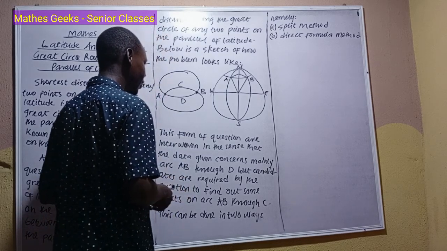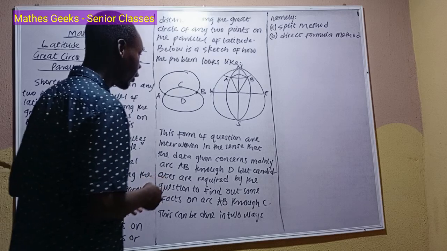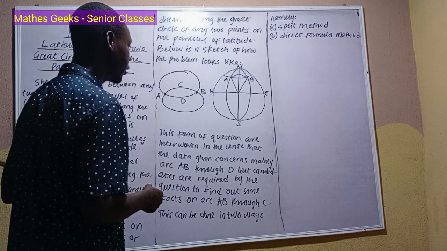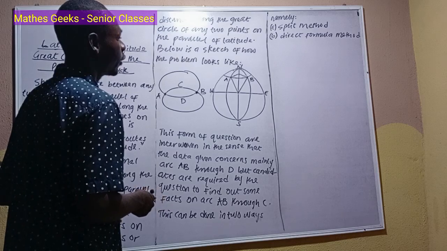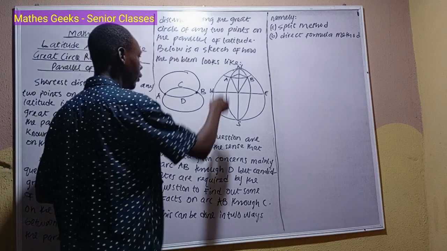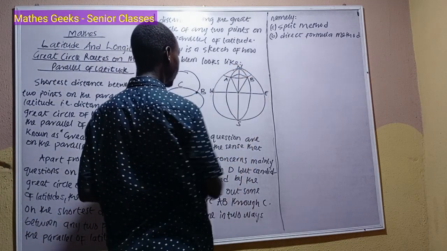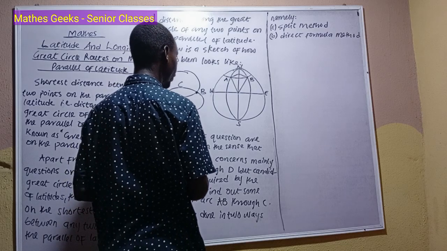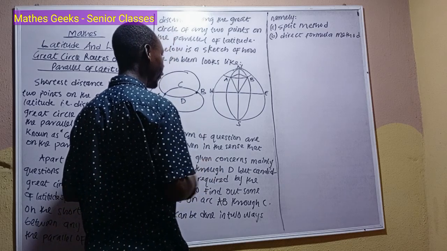But questions like that are not only limited to finding the distance between A and B along the parallel of latitude when 2 points lie on the same parallel of latitude. Sometimes the question can be to find the great circle between 2 points that are on the parallel of latitude.